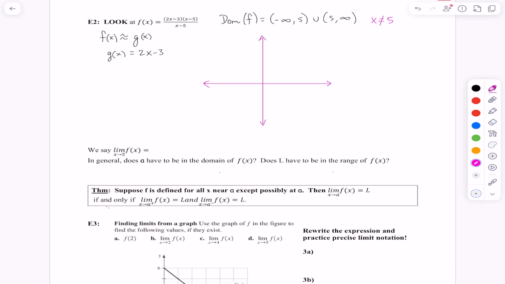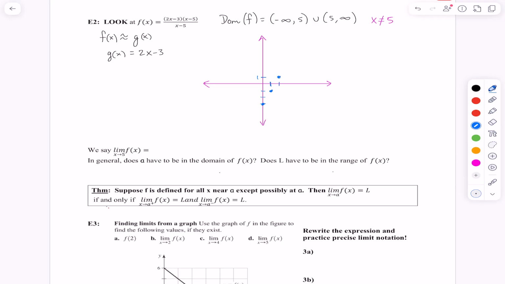This is y equals mx plus b. So we have a y-intercept of 0, negative 3. And we can go up 2, right 1 and draw another dot, and again, and so on and so forth.